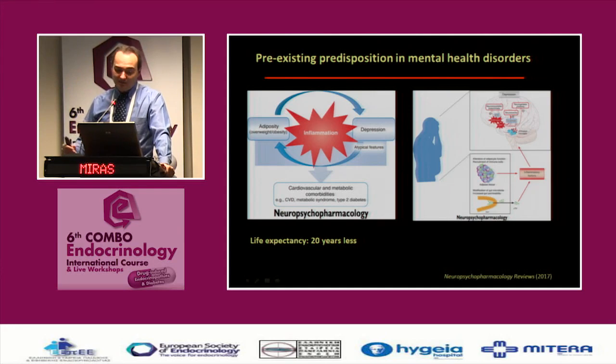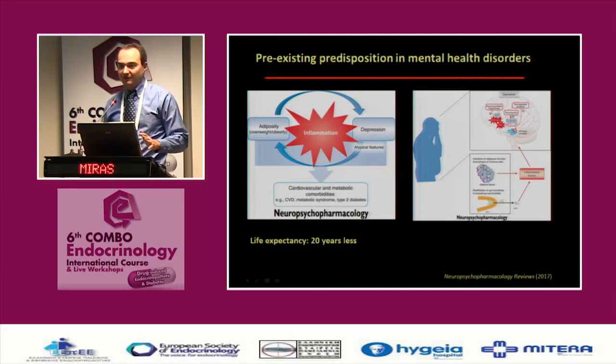But now it is, because people have realized that patients with psychosis and severe mental health disease live 20 years less than the rest of us. That's a lot of years less than the normal life expectancy, 20 years. The factors are numerous. We all know that these patients are predisposed, probably even before medications are started for their mental health illness, to developing obesity, interestingly enough, to developing type 2 diabetes.